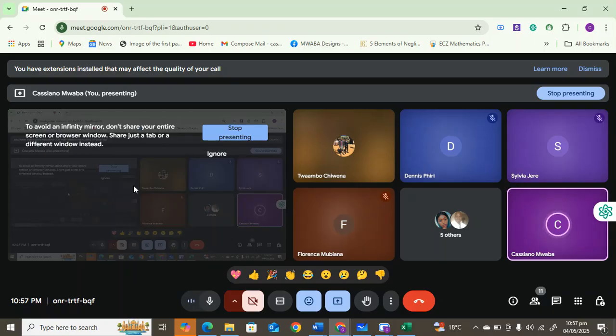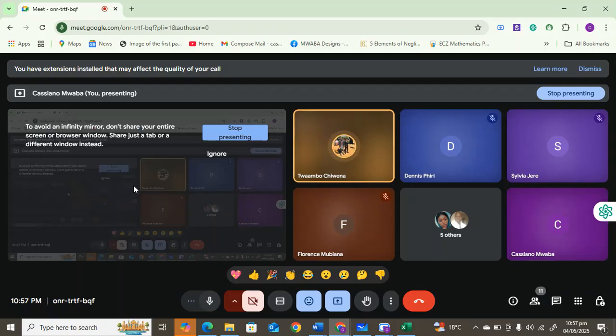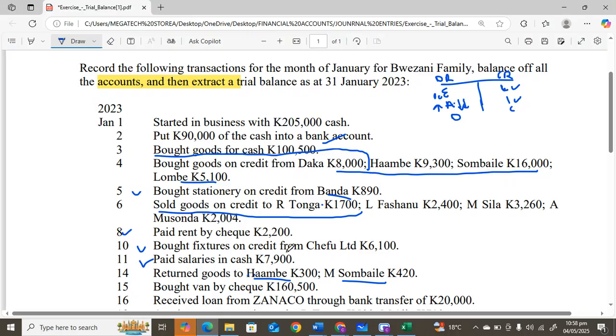Okay, so since we have returned goods to our payables, what happens? What's happening to how much we're owing? Actually, money is not coming into our accounts because we bought these on credit.